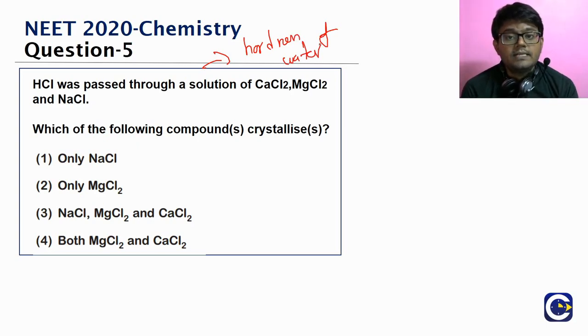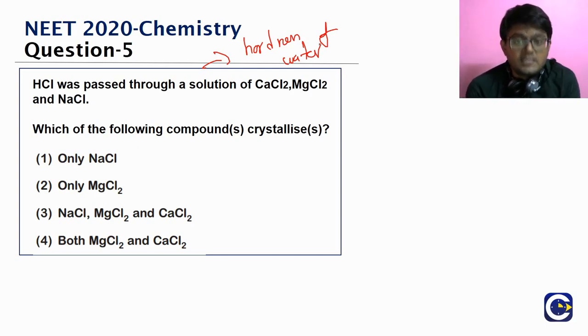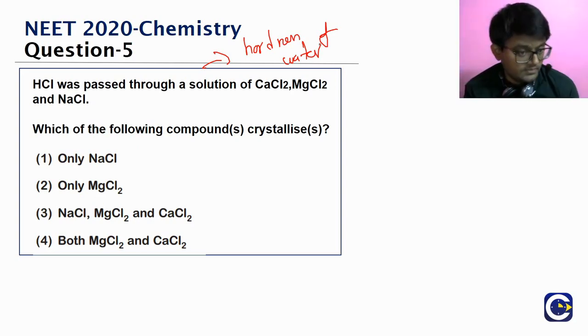the soluble chlorides and sulfates of both magnesium ions and calcium ions, isn't it? Sodium chloride will get crystallized, but the calcium chloride and magnesium chloride would be very much soluble in water, and that is the reason why we get the permanent hardness of water. So when you are passing HCl, the crystallization of NaCl only would occur.